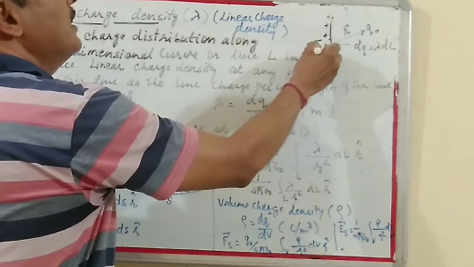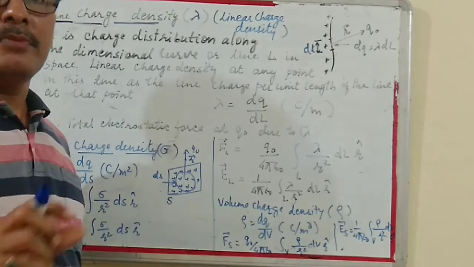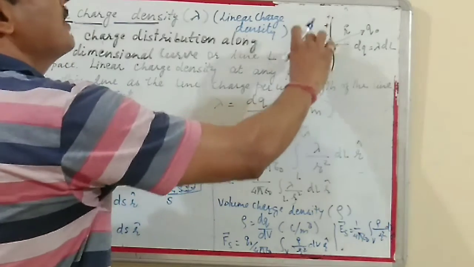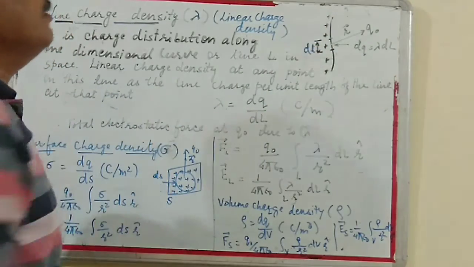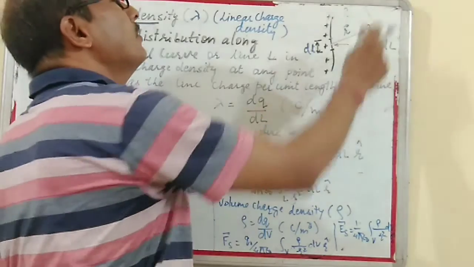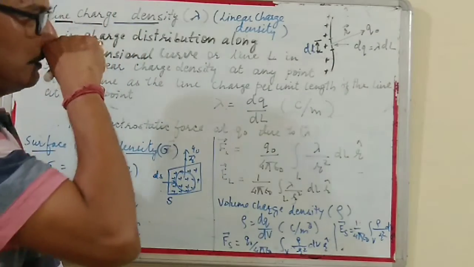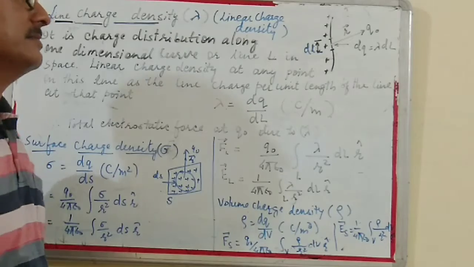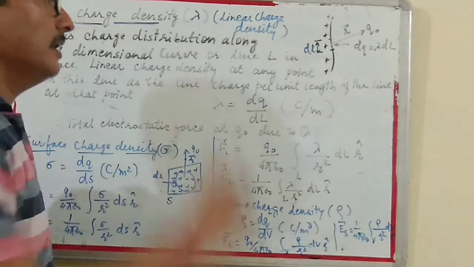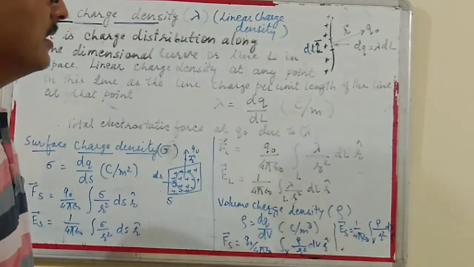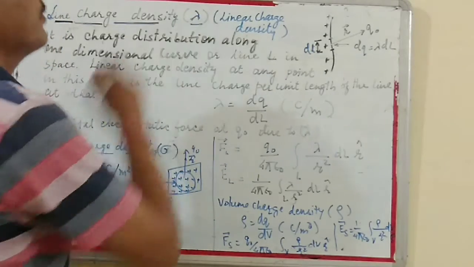From it we choose a small element of length dl, and we take a testing point charge q naught at a position vector r distance from this line of charge density lambda.